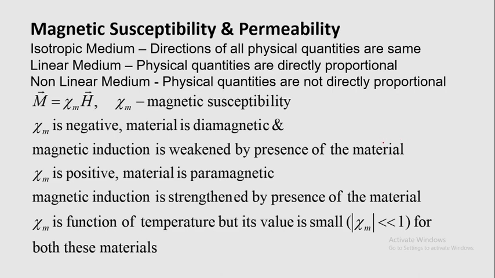This is when you are increasing H. Now if you decrease H, it remains constant up to the saturation magnetization. But if you decrease it, it does not trace back its original path. When you increase H and when you decrease H, the path followed is different.